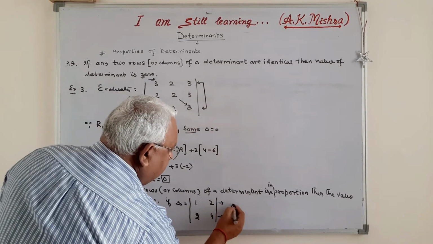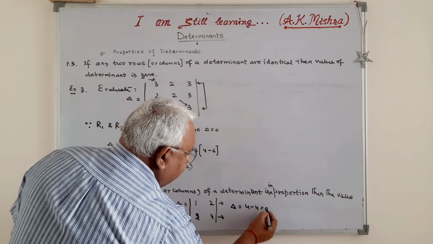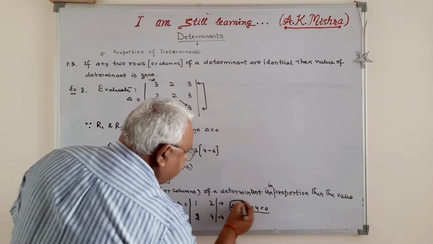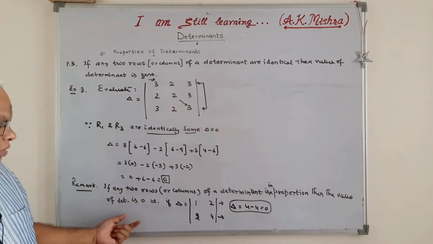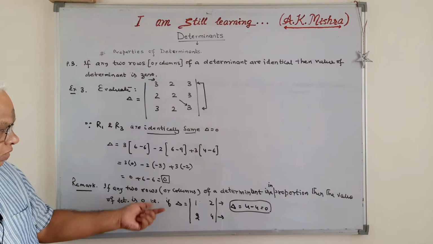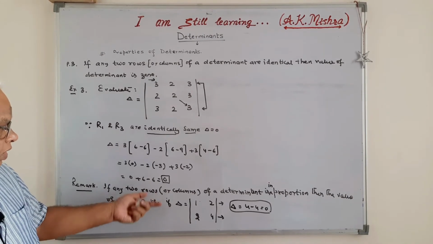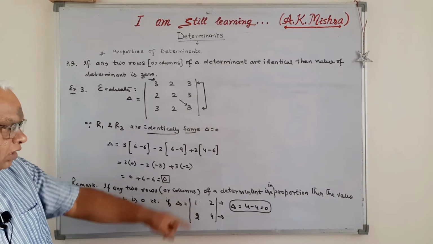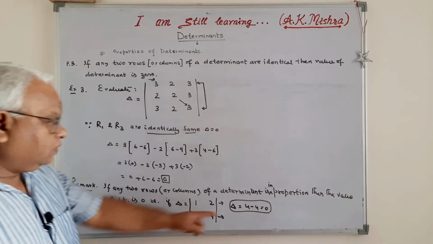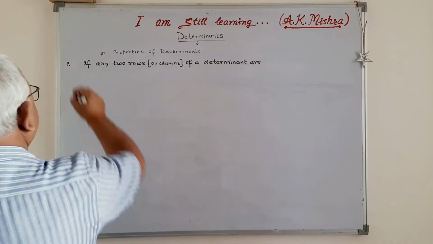So if you calculate the value of determinant, it will come out as 4 minus 4. That's the meaning. Later on, you will see many cases where any two rows are in proportion. So if any two rows are in proportion, you can directly write the answer as 0.